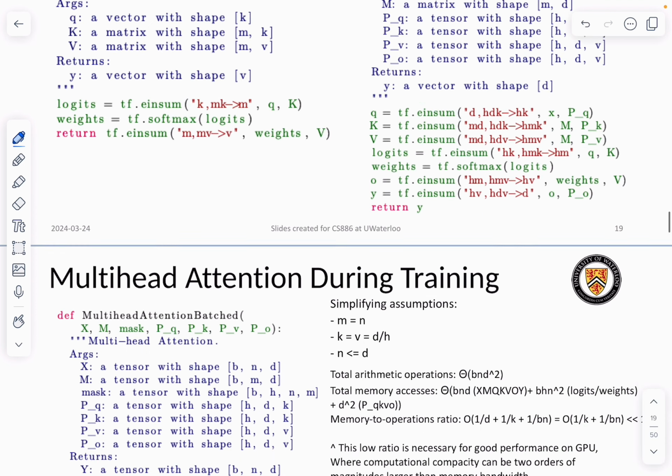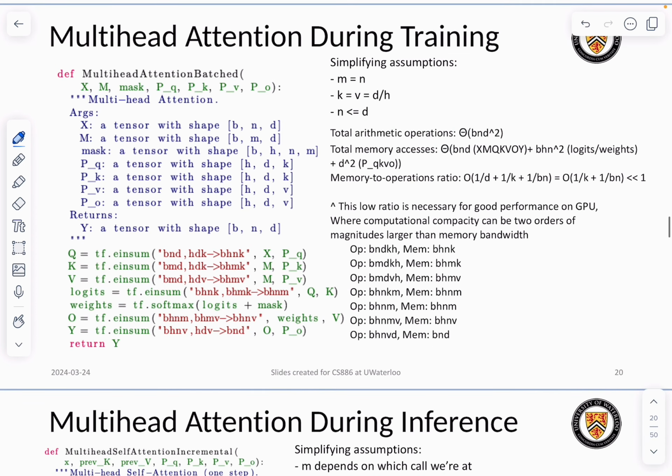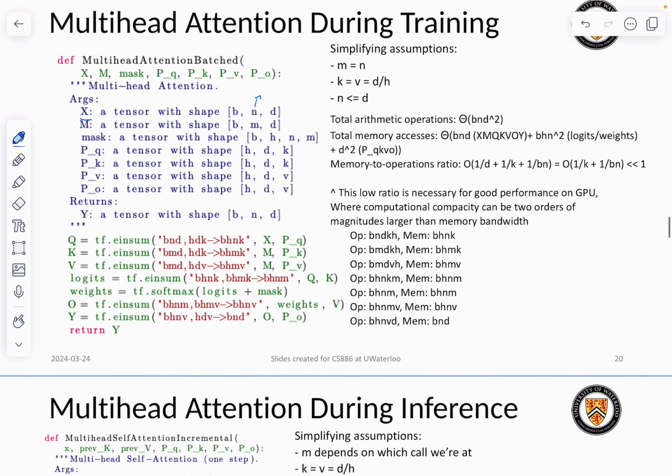Attention basics. I won't be going over it again. I won't go through the in-depth analysis here, but let me tell you what each of these variables means. X is your input matrix, and it has context length n. This is the input to your encoder.